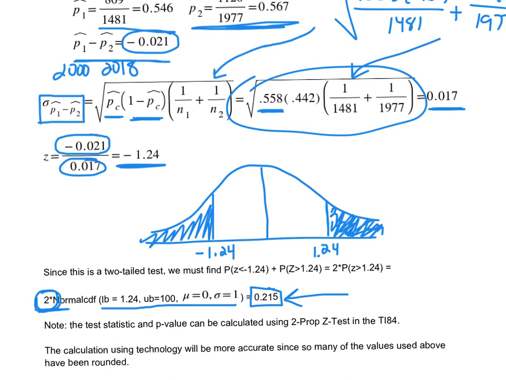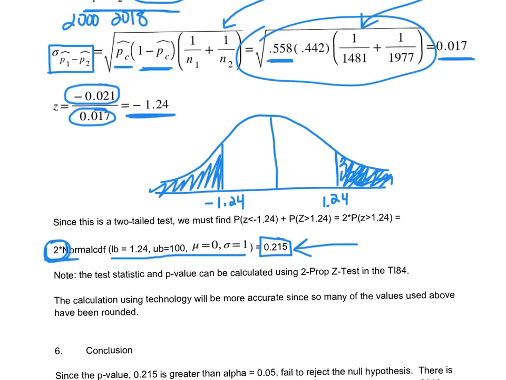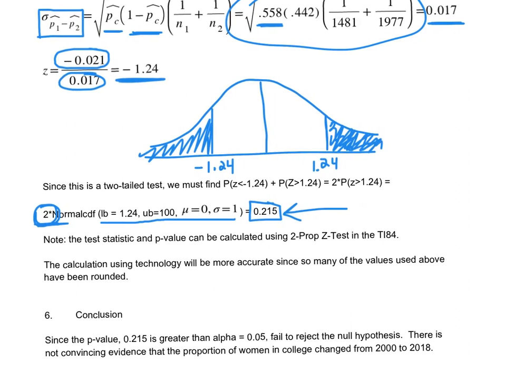It's pretty high. It's 21.5%, way higher than the alpha level of 0.05, which means it's not that unlikely that the difference in those 2 years would have happened by chance. The difference in those 2 samples could very well have happened by chance, just sampling variation.